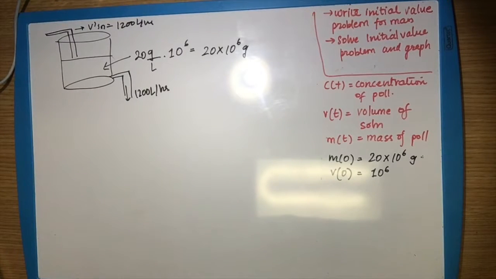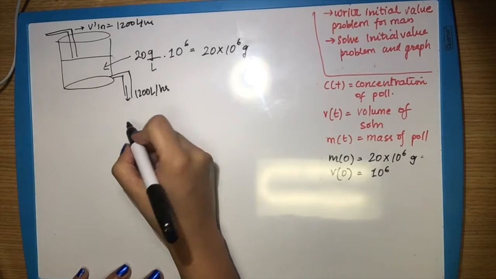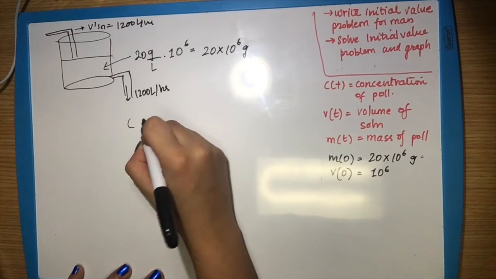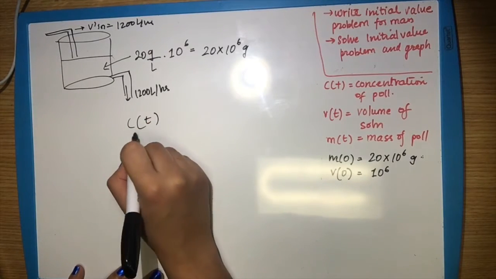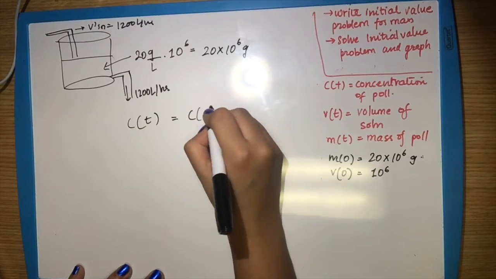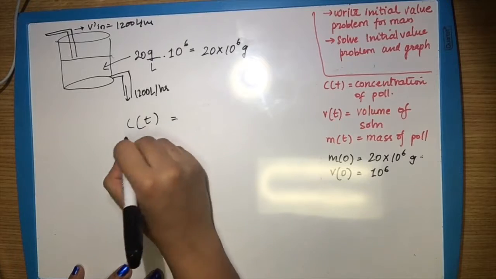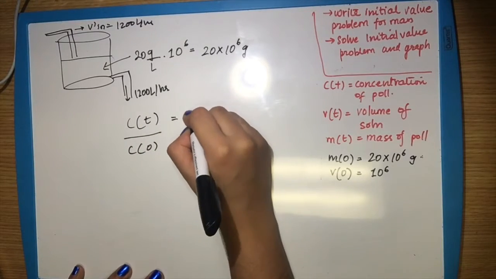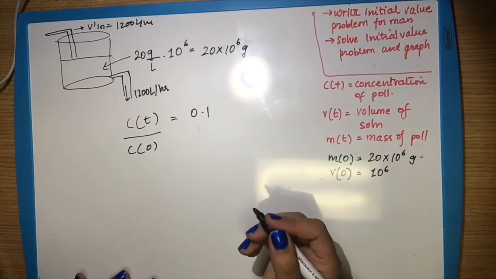It is asking us how long it would take to reduce the concentration of the solution in the pond to 10% of its initial value. And so we want the time t when c(t) over c(0) is going to be equal to 0.1 or 10%.